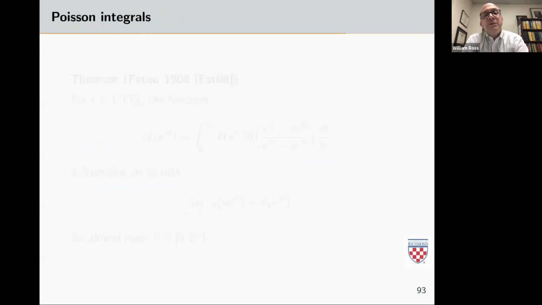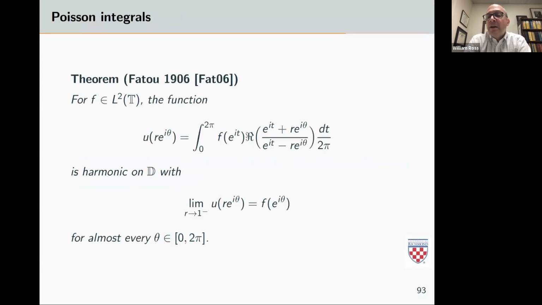All right, so let's talk about a class of harmonic functions. These are the Poisson integrals of L2 functions. If you have an L2 function f on the circle, you form what's called the Poisson integral, so you integrate it against this kernel.